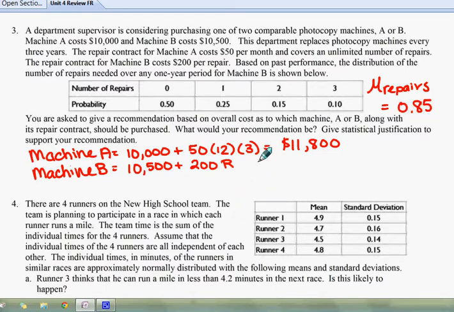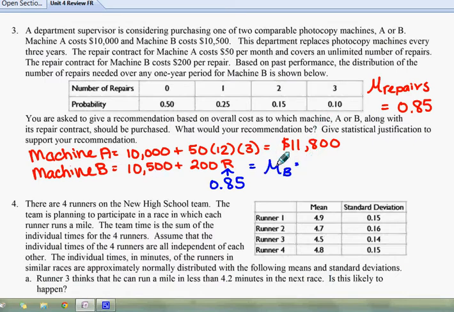0.85. And so when I put that 0.85 into my formula, my formula for the expected value of the cost of B, remember for expected value, the multiplier and the constant addition both affect it.